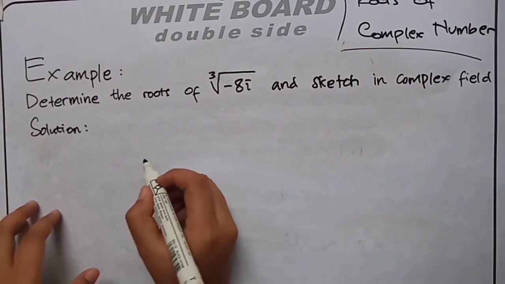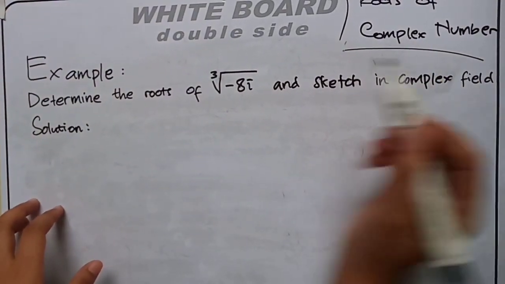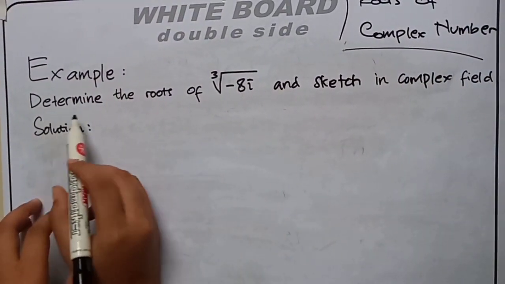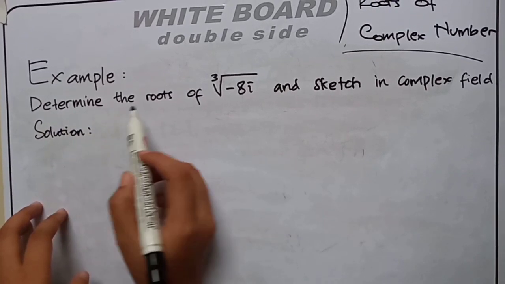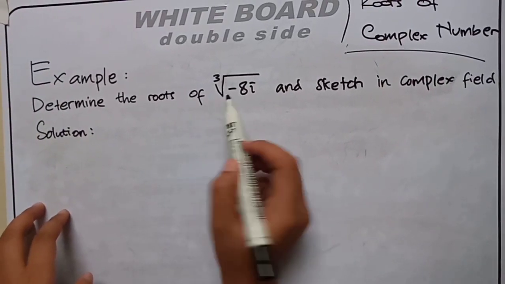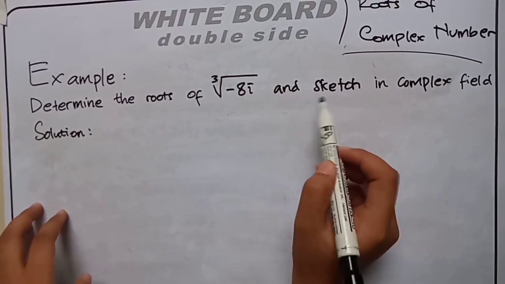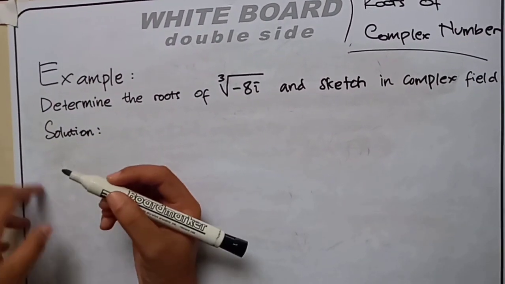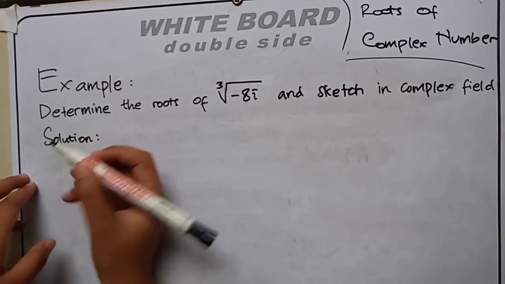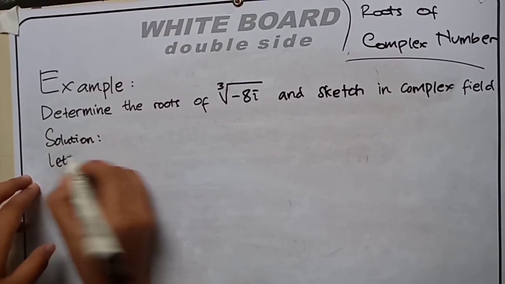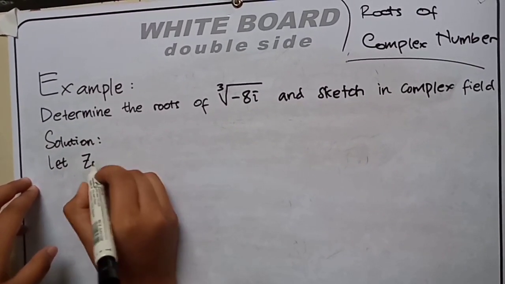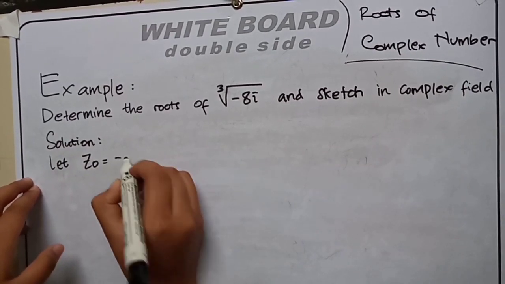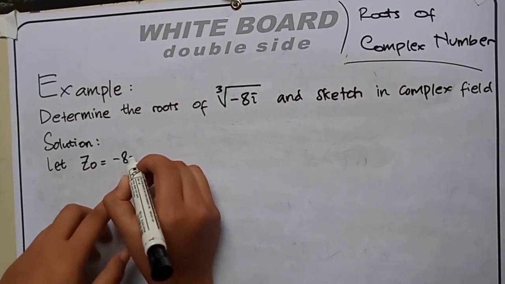Okay, we move to the example of roots of complex number. In here we have example, determine the cube roots of negative 8i, and then sketch it in complex field. Let's go to the solution. First, let z0 be the complex number, it is negative 8i.